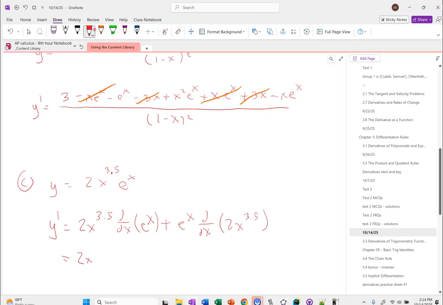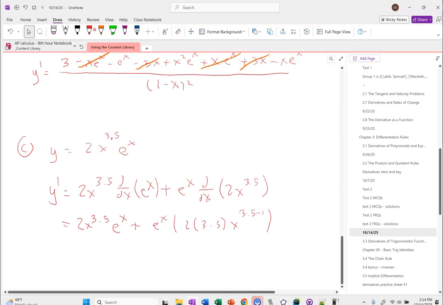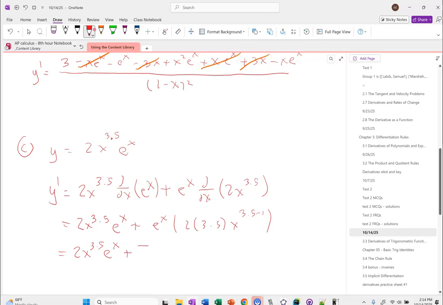The derivative of e to the x is just e to the x. The derivative of 2x to the 3.5 is 7x, 2 times 3.5 x to the 3.5 minus 1, right? Oh yeah, 7x to the 2.5. And you're done.